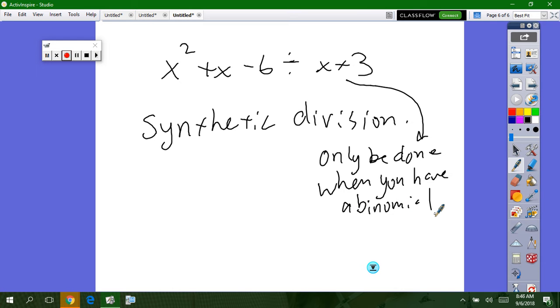So if I was dividing by that 2x squared minus x minus 2, could I do so? No, because that was a trinomial. Does that make sense to everyone? I would not be able to do that. Okay, is everybody with me?